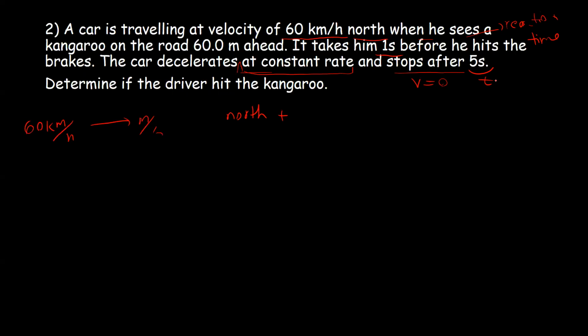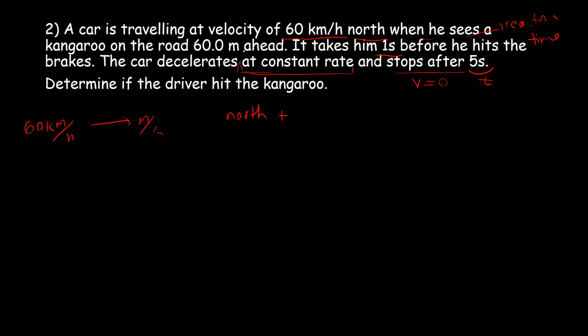Something we need to do for this question is see how far the driver travels in these 5 seconds. If it's about 60 meters, it means it hits the kangaroo. If it's less than 60 meters, it doesn't.